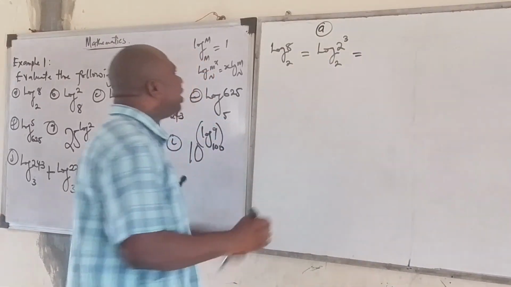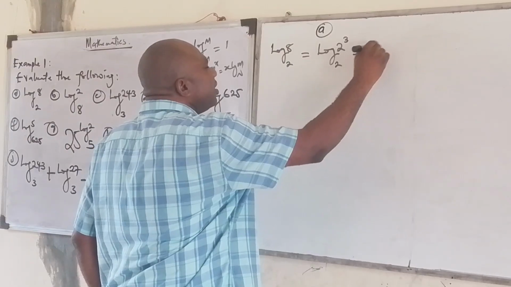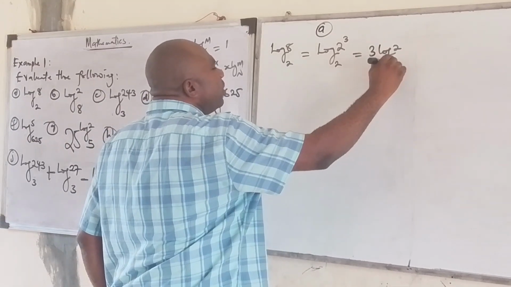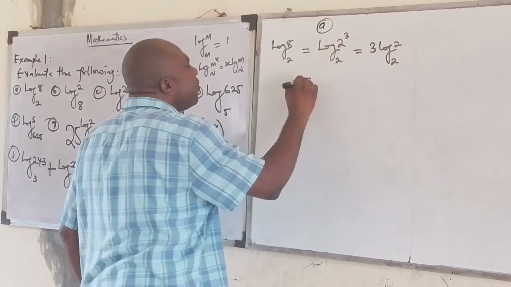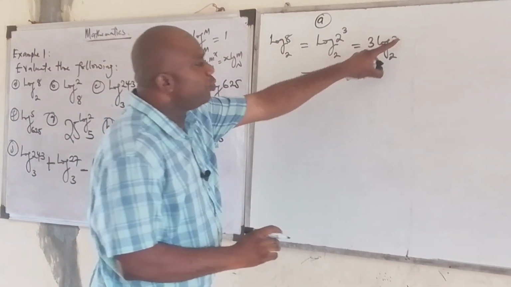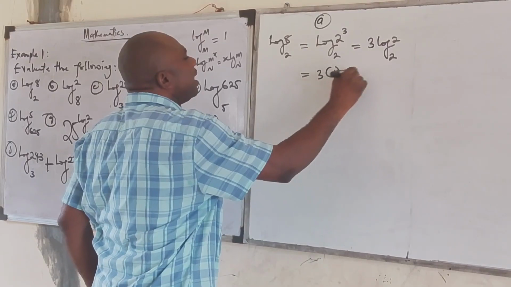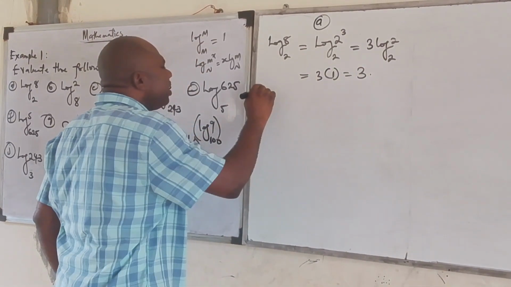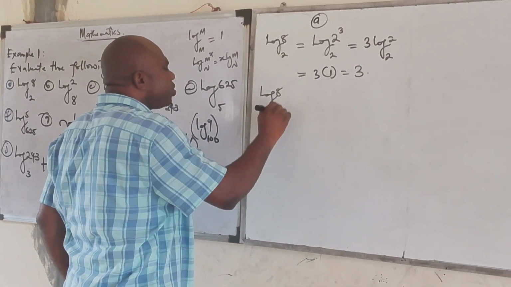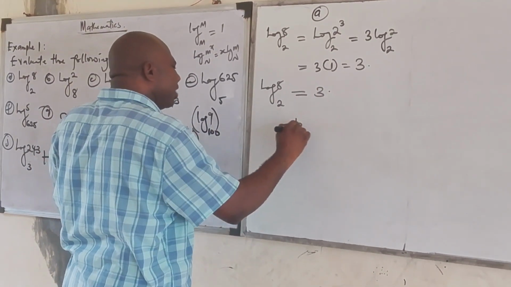Because it's the number that is carrying the power, it becomes 3 log 2 base 2. And remember we said log m base n is 1. So log 2 base 2 is 1. This should be 3 in bracket 1, and the answer will be 3. So log 8 base 2 is equal to 3. So that's A.